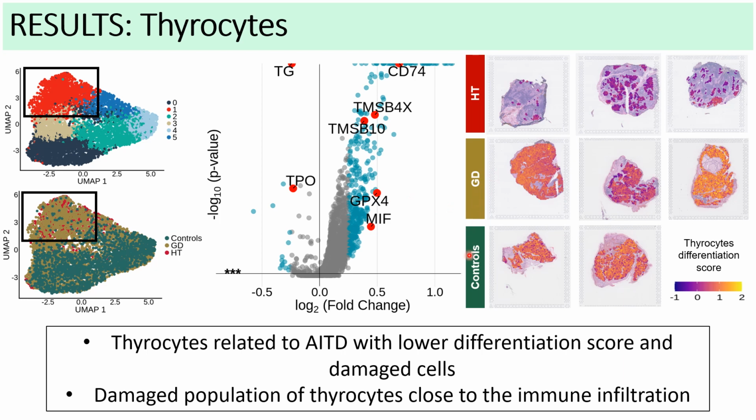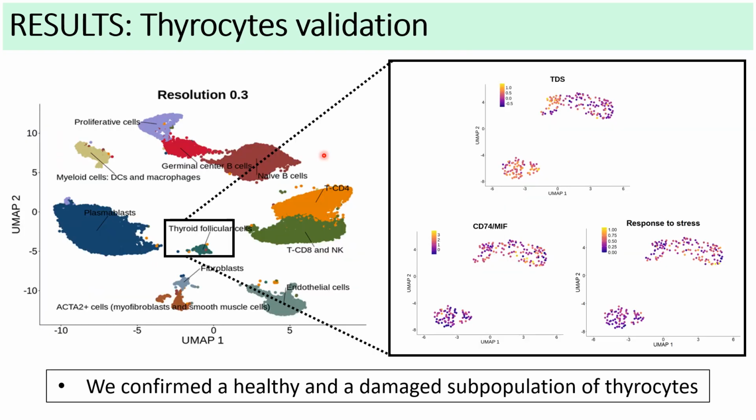Spatial representation of this TDS reveals that a lower score is close to immune infiltration as well as antigen-presenting markers, but these data were not presented either. When we validated this presumption in single-cell data, reclustering of thyrocytes showed two populations, one healthier with higher TDS, another one damaged with lower TDS, an increase of antigen-presenting genes, and also an increased response to stress.